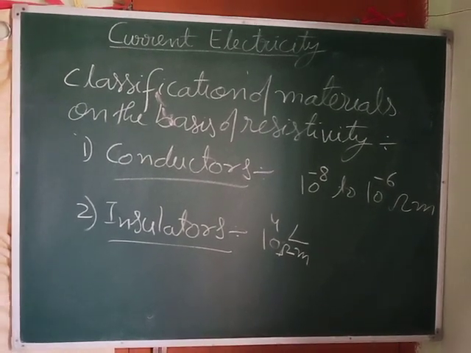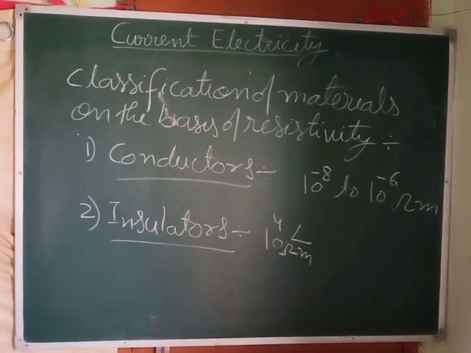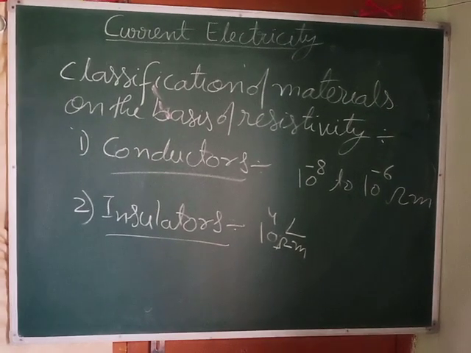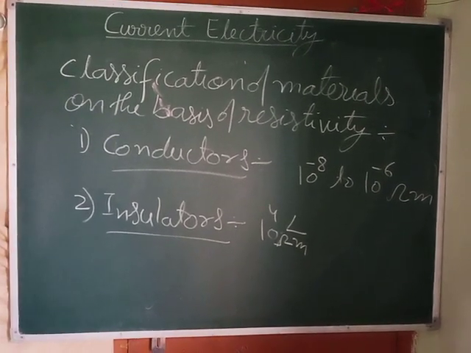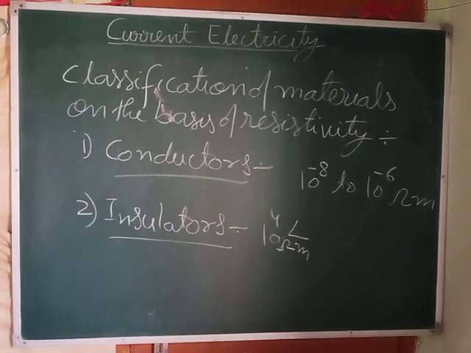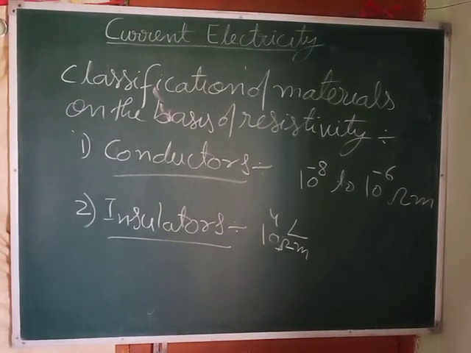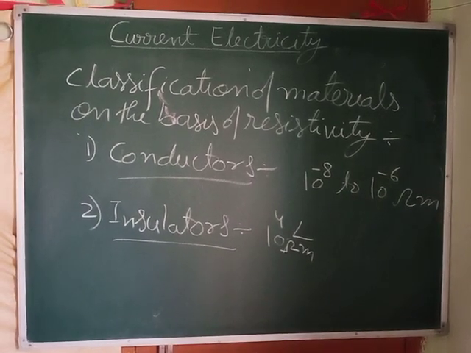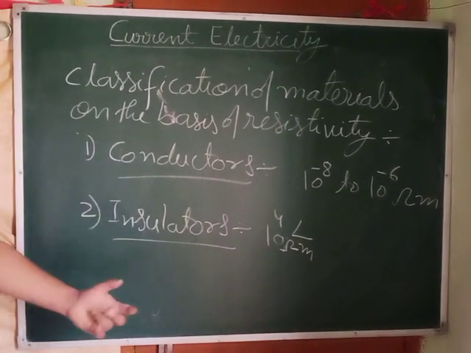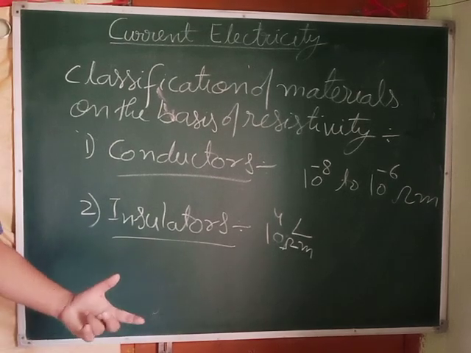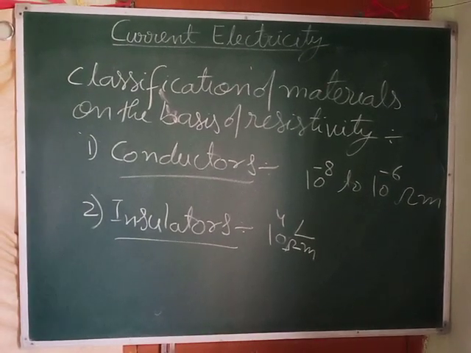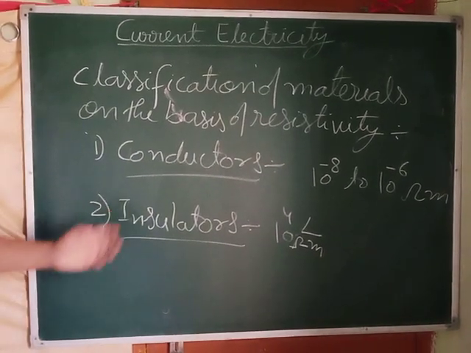They do not allow the flow of current through them. For example, plastic, rubber, asbestos, wood, etc. So these are the insulators.